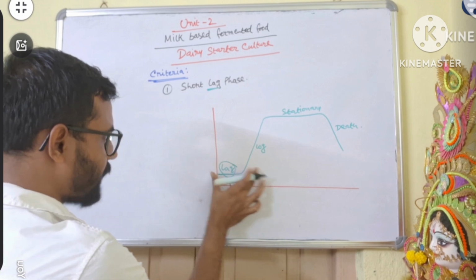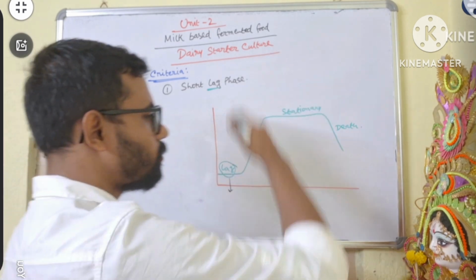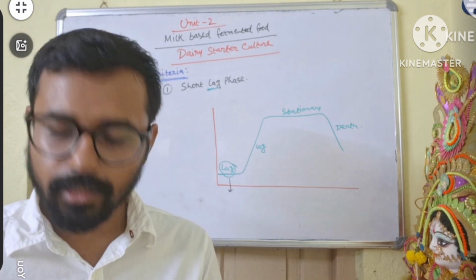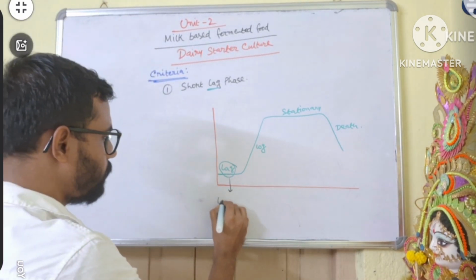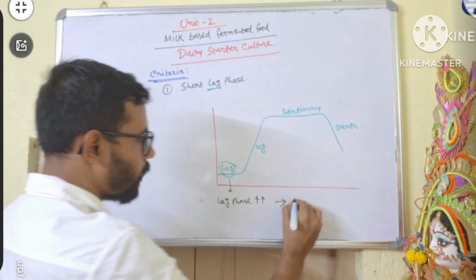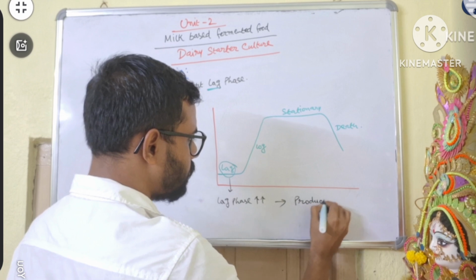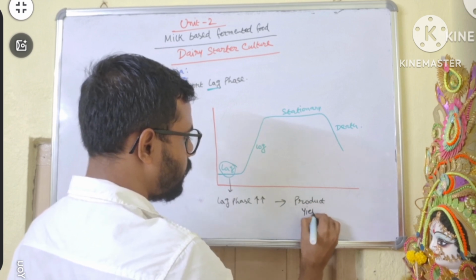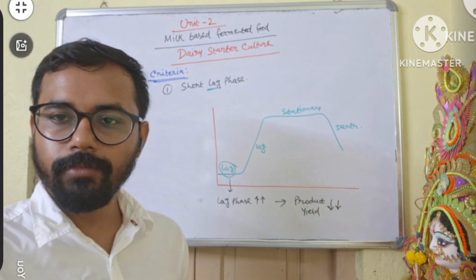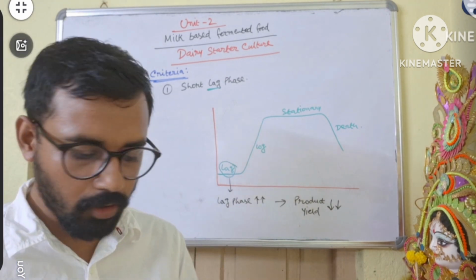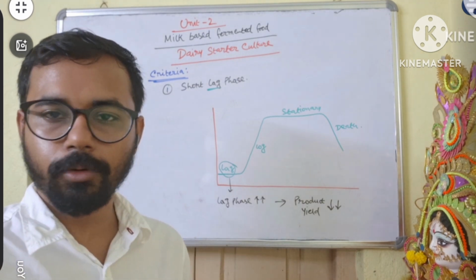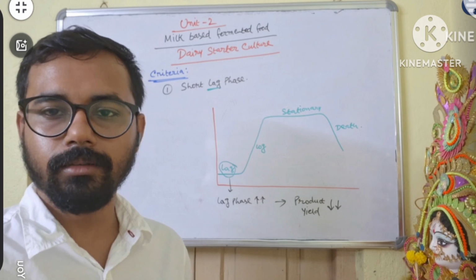If the lag phase is extended, bacteria need more time to double, so the product will also be less. If the lag phase time is more, there is an inverse relation with product yield. If the lag phase is extended in bacterial growth, will the product concentration after fermentation be less or high?